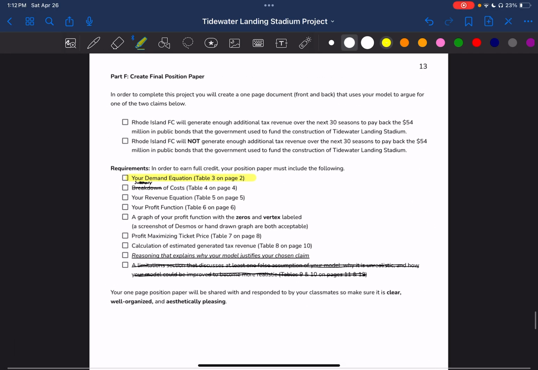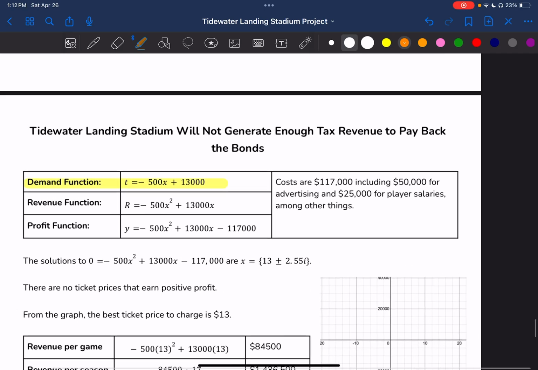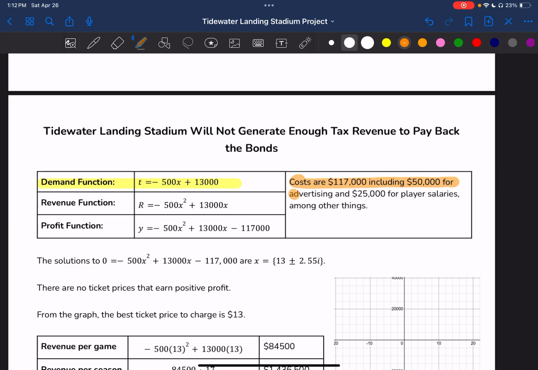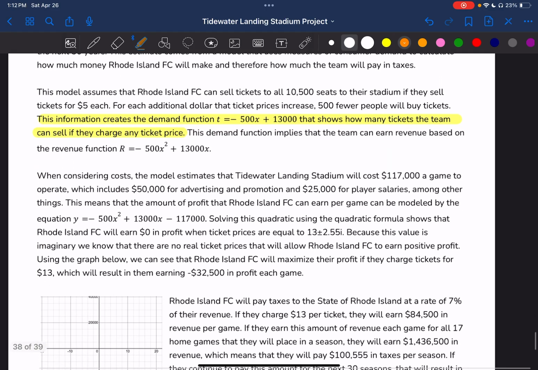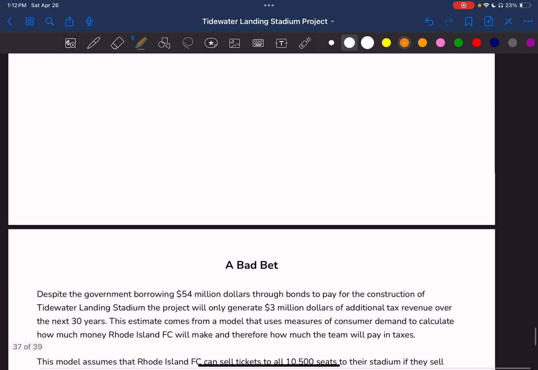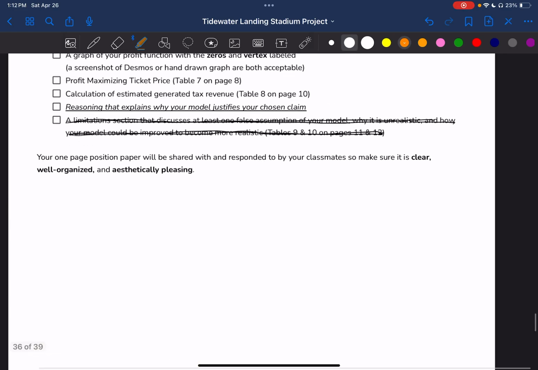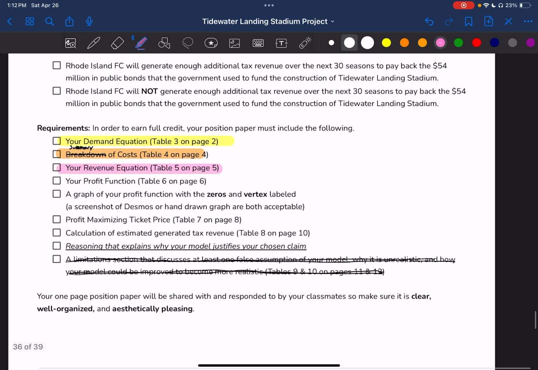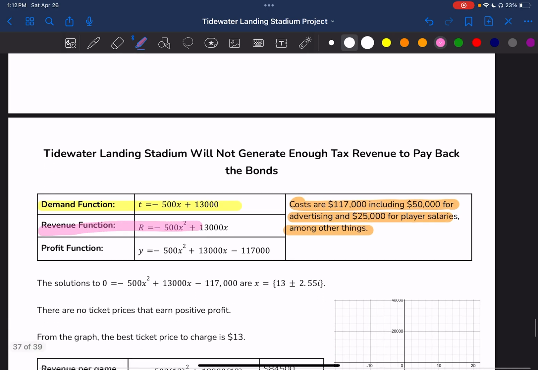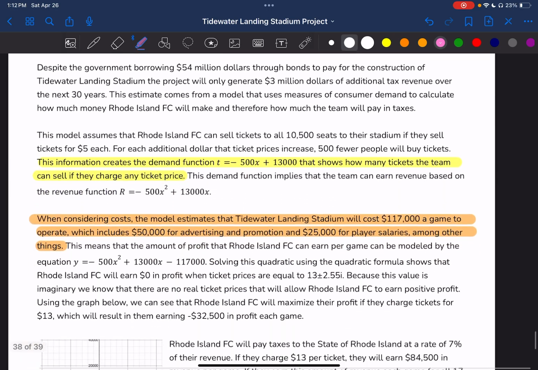You also need to include, again, a summary of costs. So on this first model, I included that here. In the second model, I included that down here. For the revenue equation, included that there.